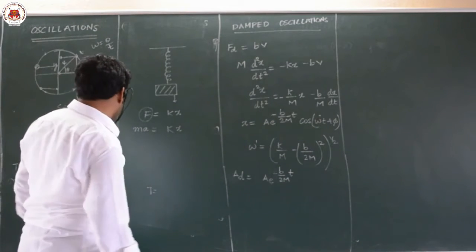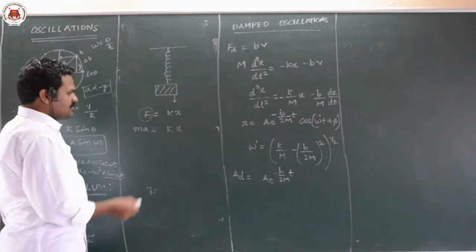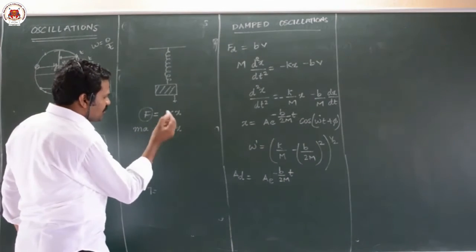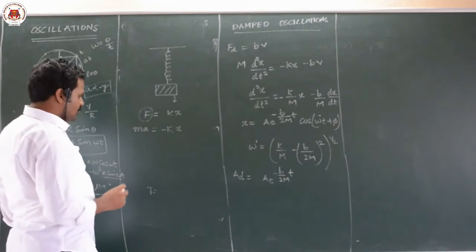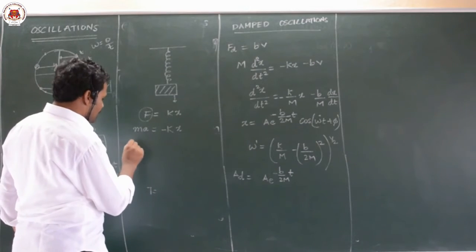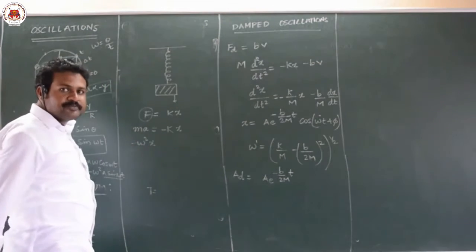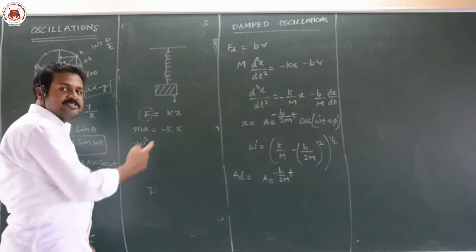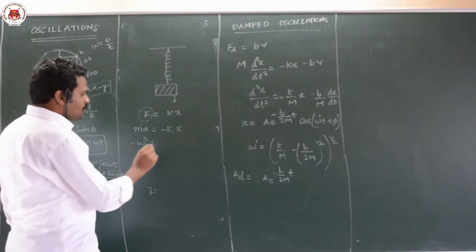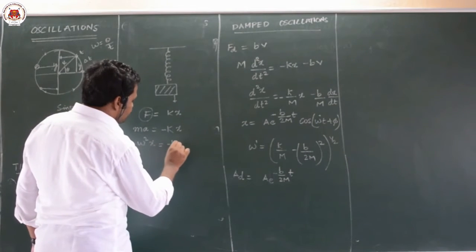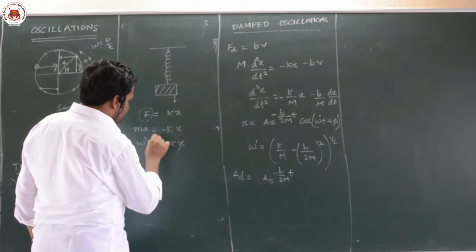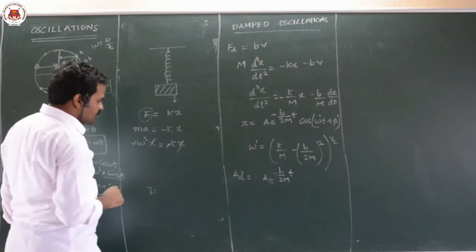And acceleration we already got as minus omega square. This is the restoring force. So here also I can take minus omega square a sin omega t, and I can write minus omega square x, where x is the displacement. Here y was the displacement, here x is the displacement. So this is equal to minus kx. This x and x will get cancelled, minus and minus will get cancelled.